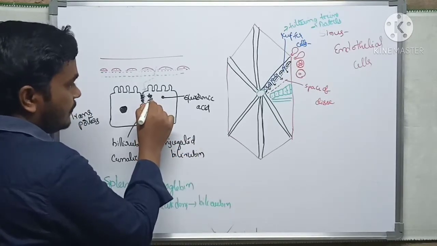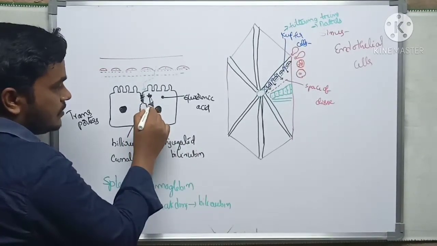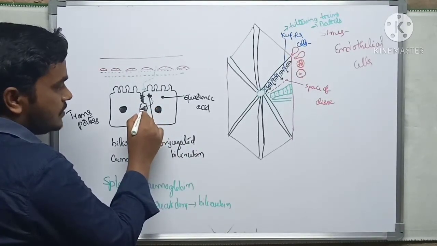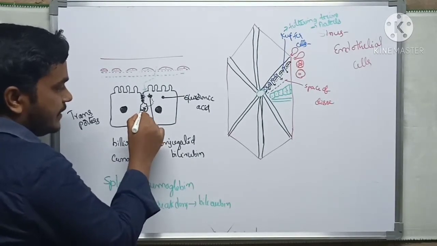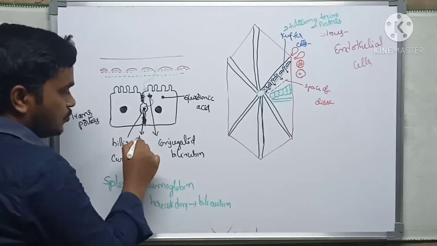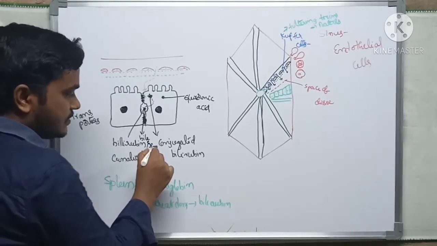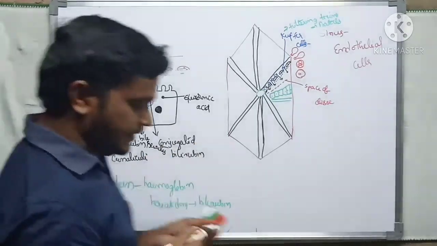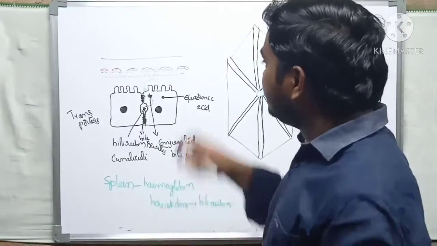After it becomes conjugated, this bilirubin is transported with the help of transporters into this region. So now the bile is secreted from the hepatocytes. Bile is secreted.